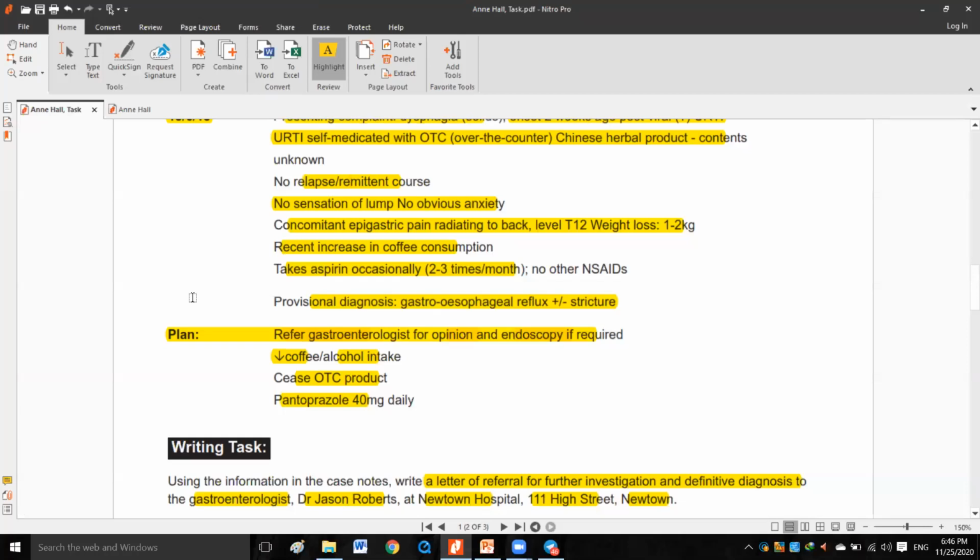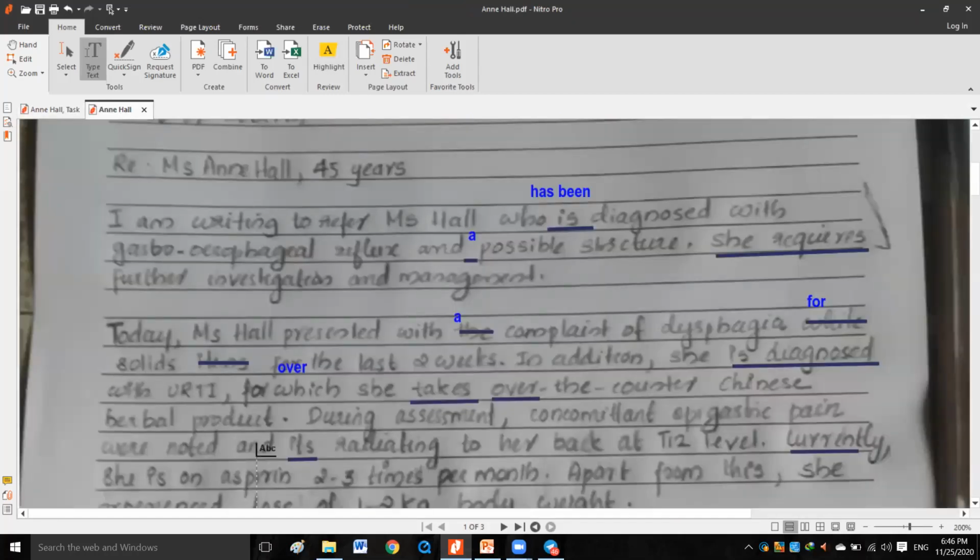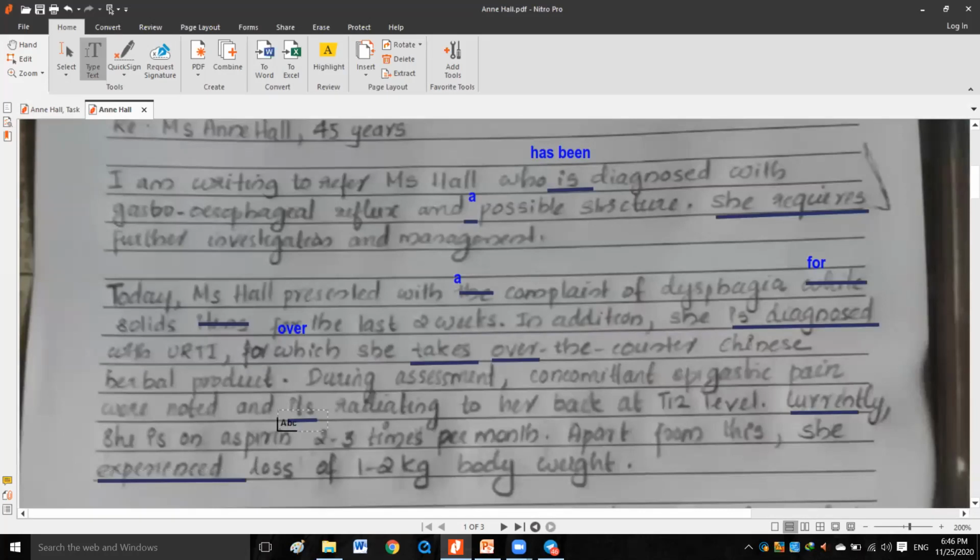Okay, we can change the verb tense for she takes, because as you see in the plan, you have to advise the patient to cut off taking the over-the-counter product. So it's incorrect to express that the patient is still taking the over-the-counter product till now.